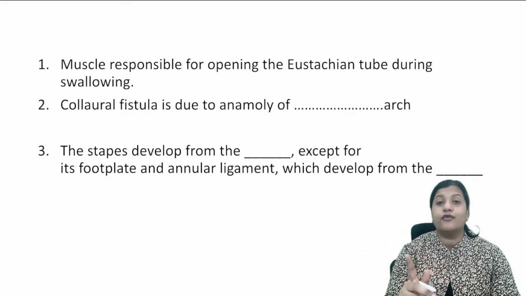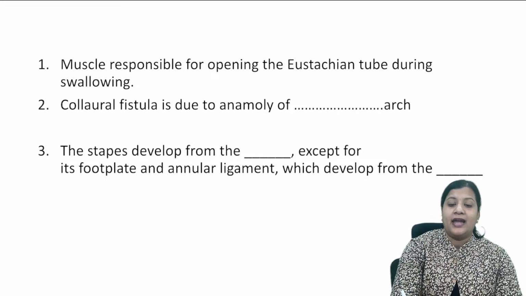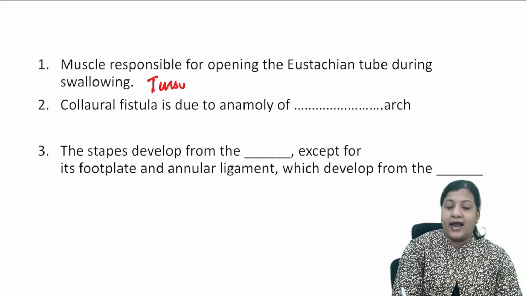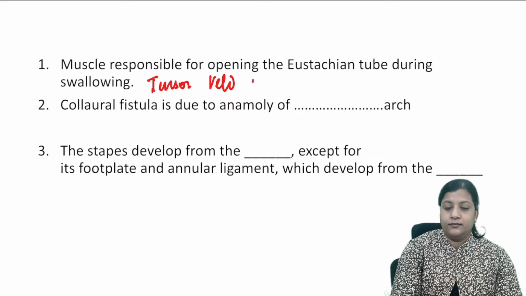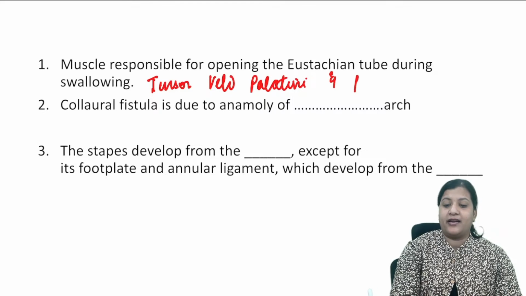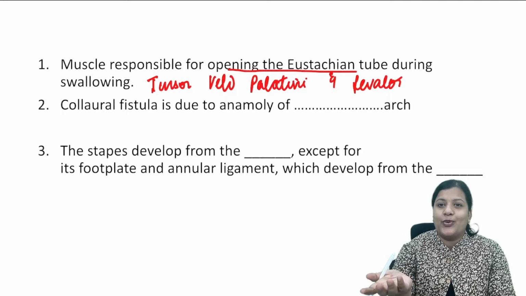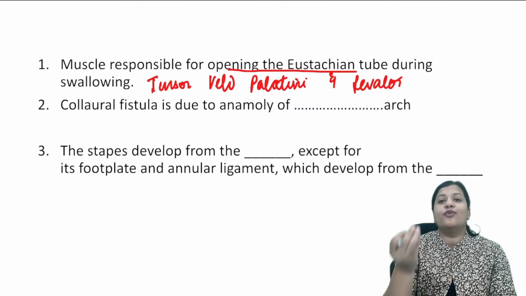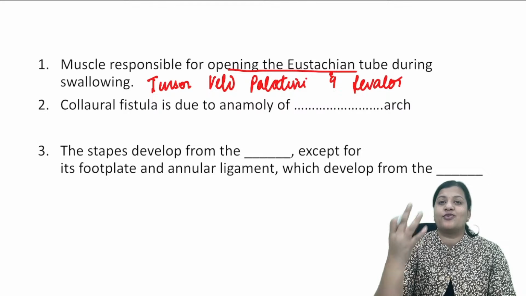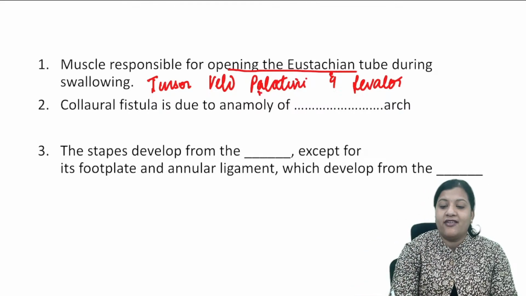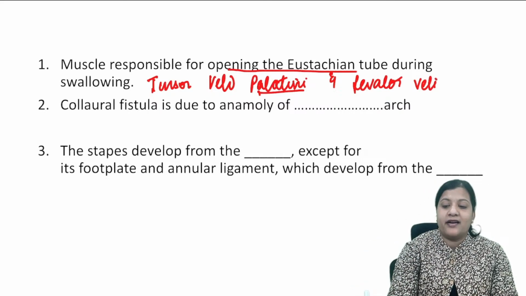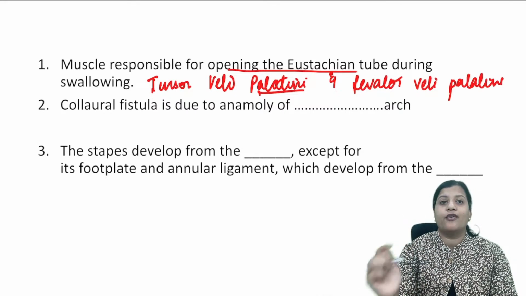The clue to remember is that the eustachian tube is always collapsed. So when we want to open it, we swallow and yawn, and for that the palatal muscles are active: tensor veli palatini and levator veli palatini. That's how you're going to remember it.